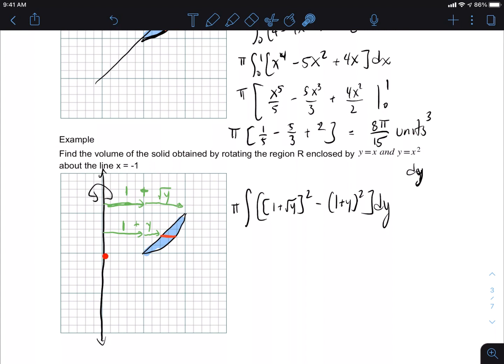So you're saying you're going from here to, I'm sorry, are you saying here to here, or from here to here? That's the one I'm thinking. But probably the 0 to 1, right? Just because that's how it's drawn. So it's 0 to 1. Where is it bounded? It's bounded at 0 for y, and it's bounded at 1 for y. So this ends up being from 0 to 1.